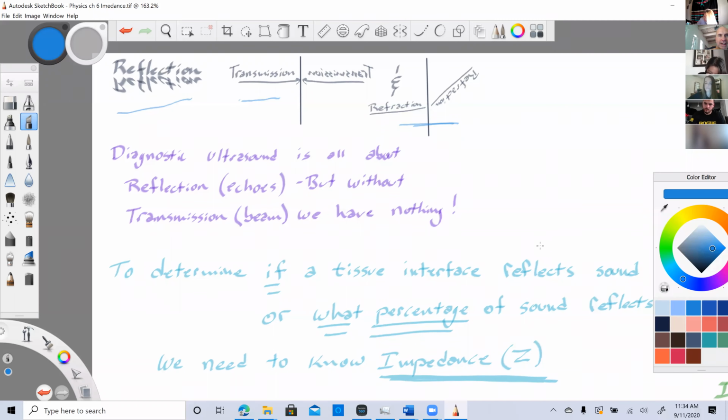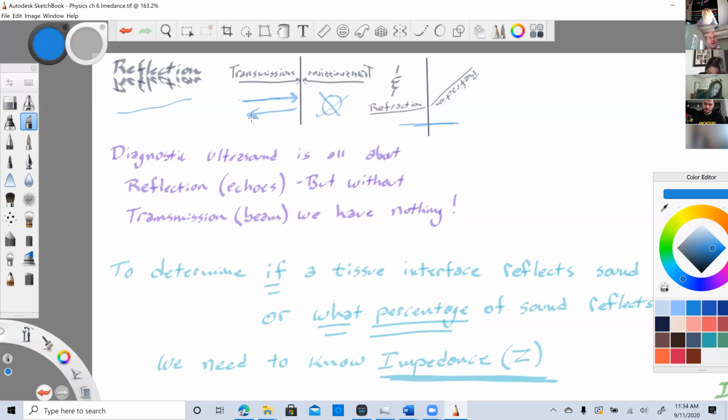In other words, if I have a beam coming down here and it hits an interface and 100% of it goes back, well, I see a really bright line and that's it. No information can be seen back here because 100% of my sound is reflected.